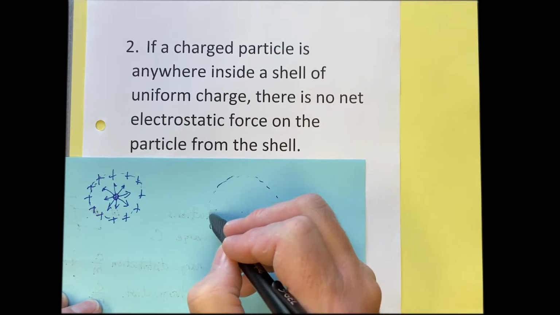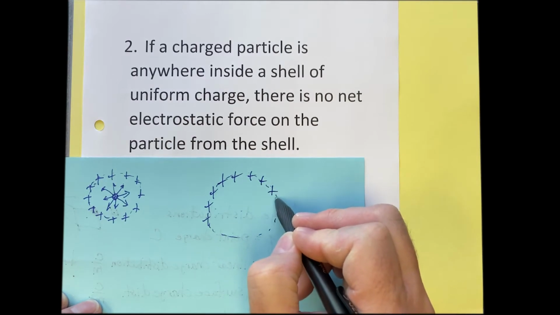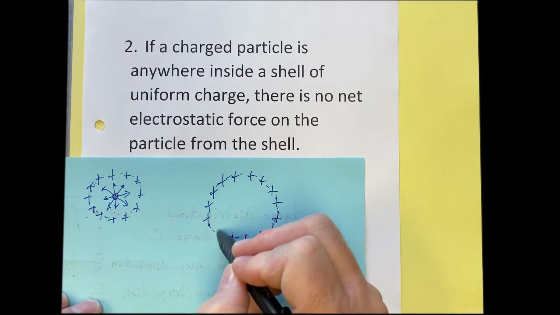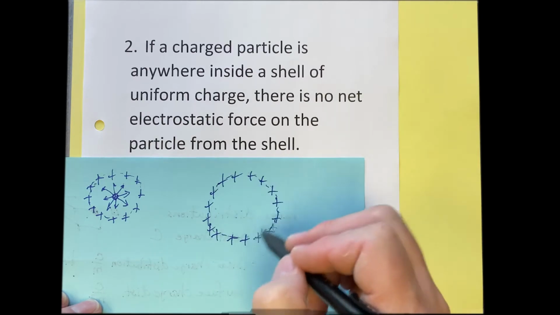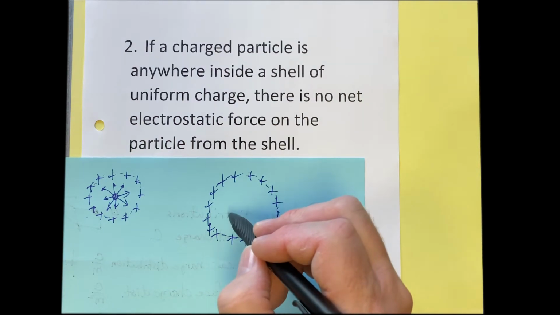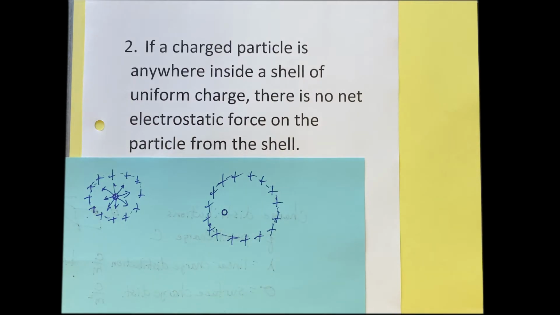Here's the shell, and let's put the positive charges all throughout the shell. And remember, this is uniformly distributed, so even though it may look like my plus signs are not the same in all directions, it needs to be a uniform shell of charge. And let's place a particle off to the side here. Okay, so it's no longer in the center at this point.